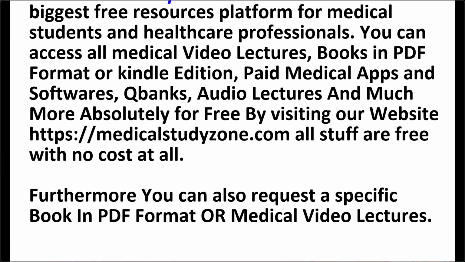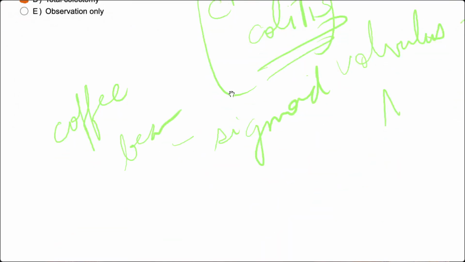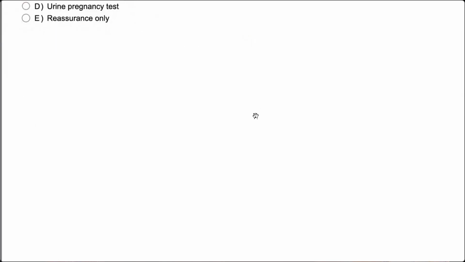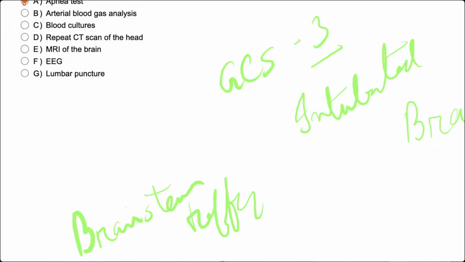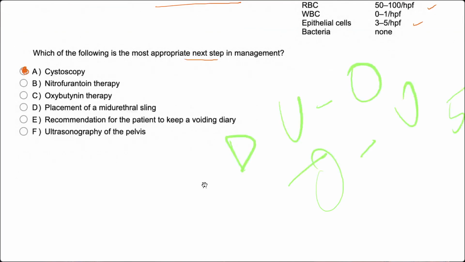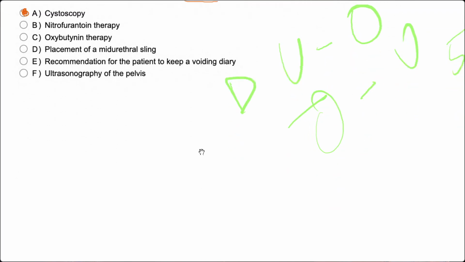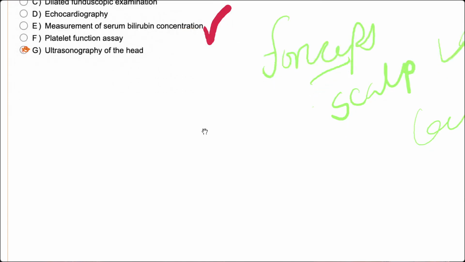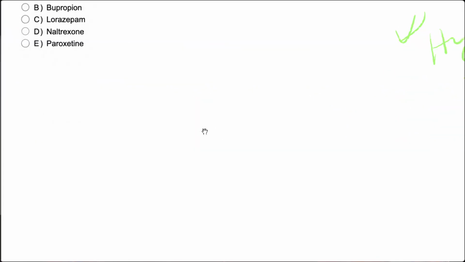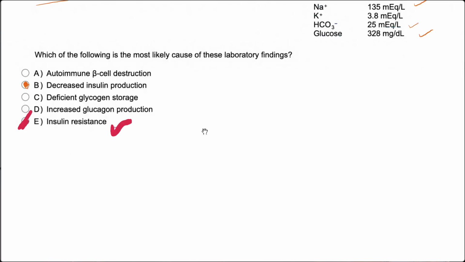Okay, this is insulin resistance. This patient has type 2 diabetes mellitus. Type 2 diabetes mellitus is a metabolic syndrome defined as progressively increased insulin resistance and chronic predisposition to hyperglycemia.